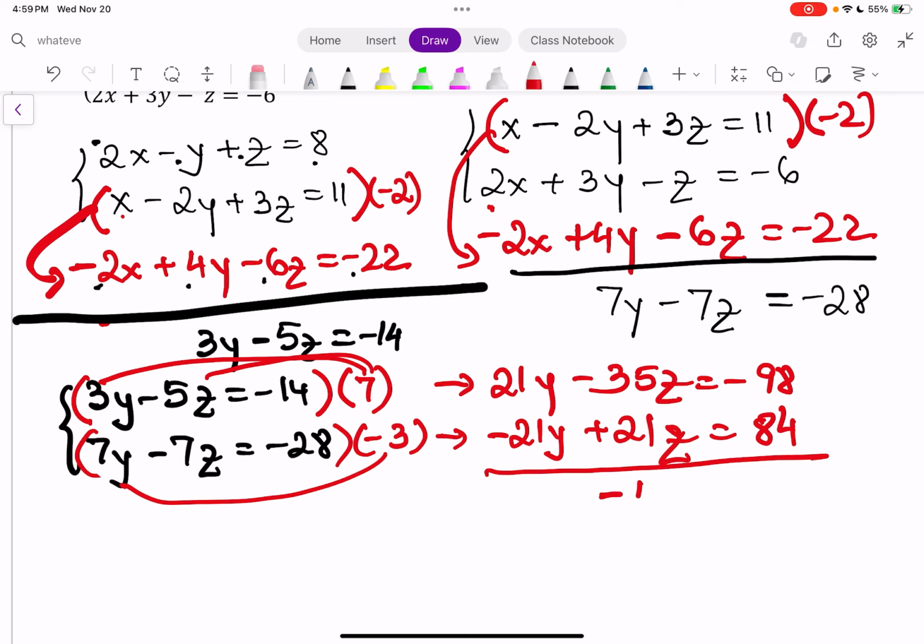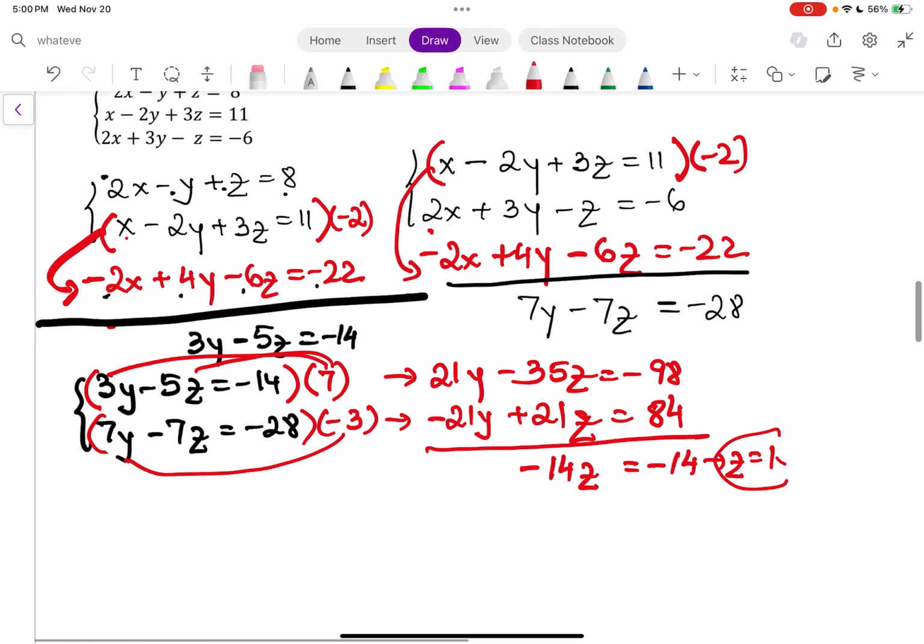So I'm left with -14z equals -14. Therefore, z equals 1. I got z. I still need to finish this 2 by 2 system and get to x. I'm sorry, 2y.